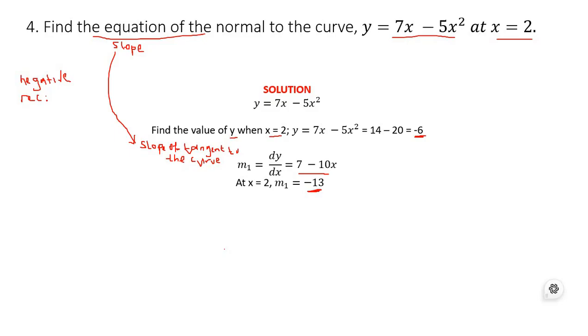The negative reciprocal of the slope of the tangent to the curve is the slope of the normal to the curve. Knowing that, we are almost done.